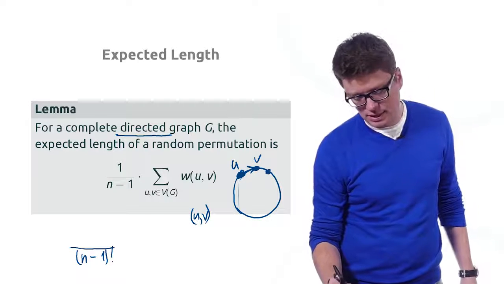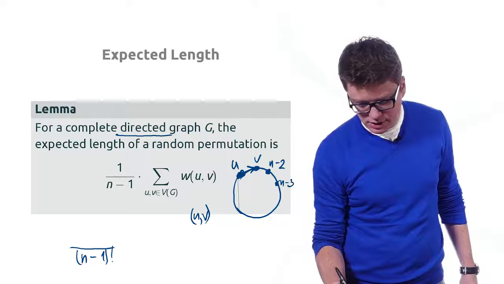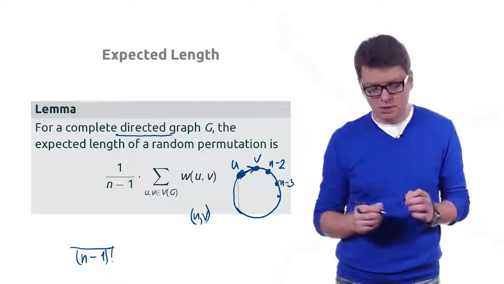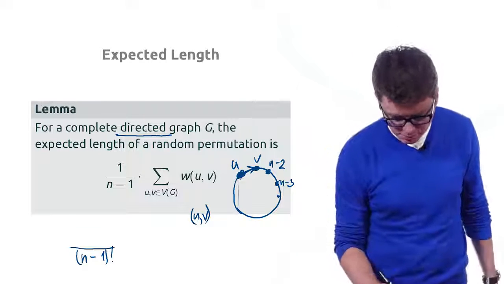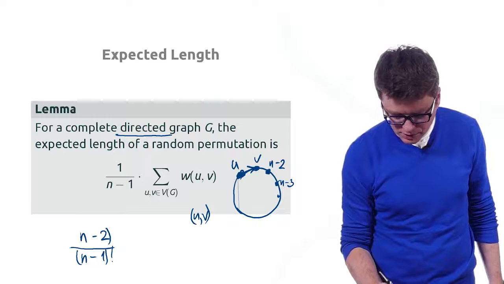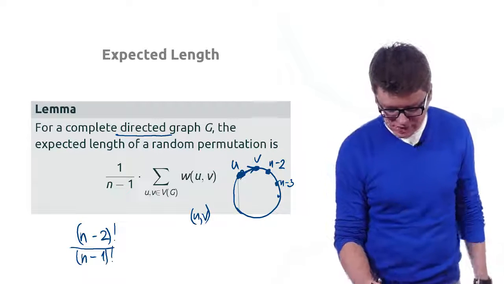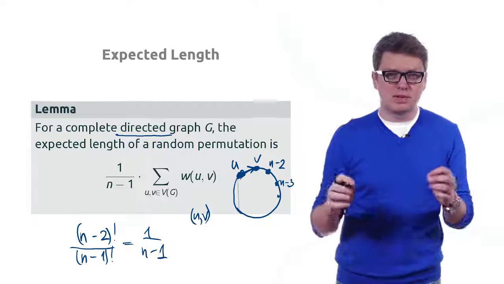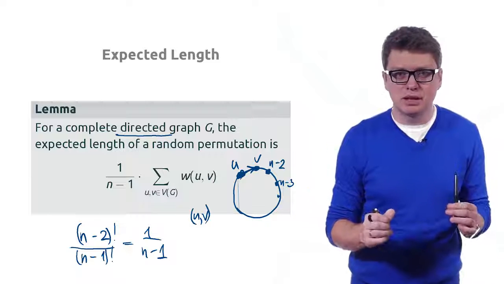So any of n-2 nodes here, any of n-3 nodes here, and so on. So the total number of cycles that contain this particular edge is n-2 factorial. So the fraction of all cycles containing a particular edge is actually 1 over n-1, and this is also the probability of a fixed edge to be included into a random cycle.